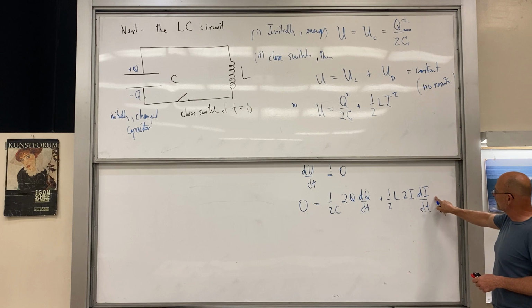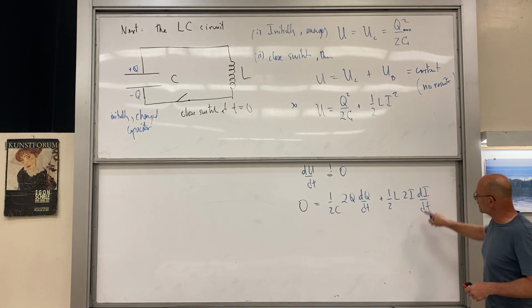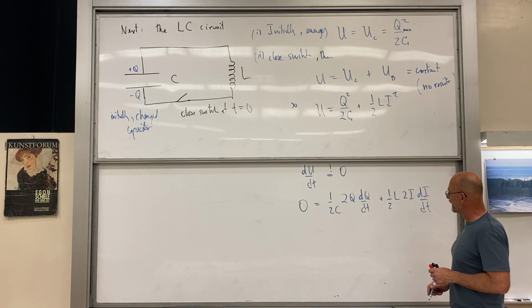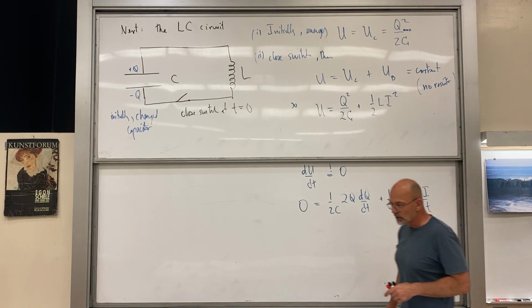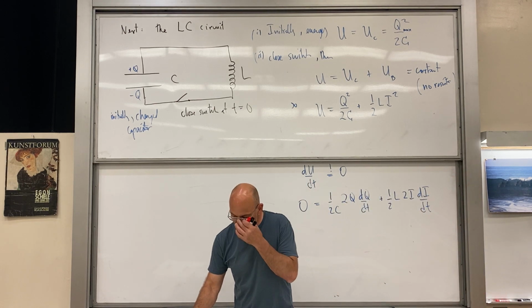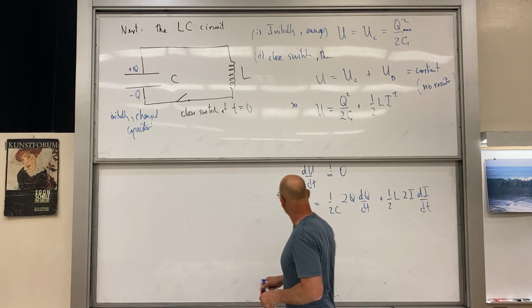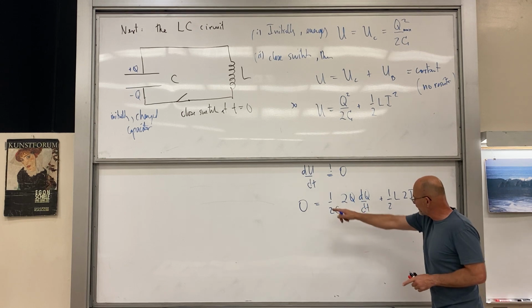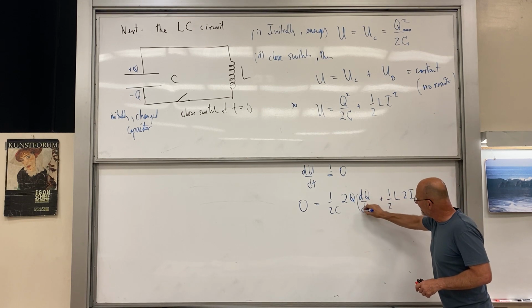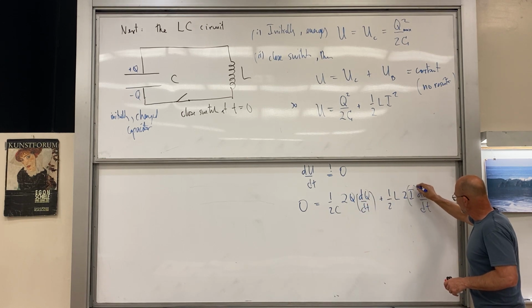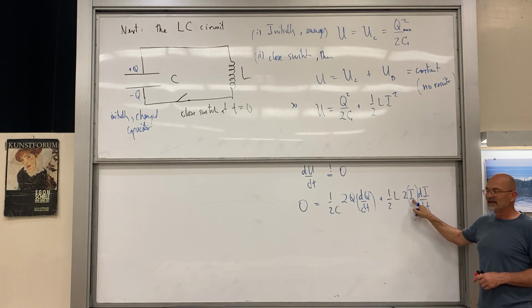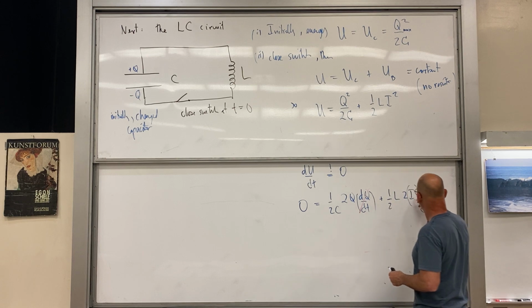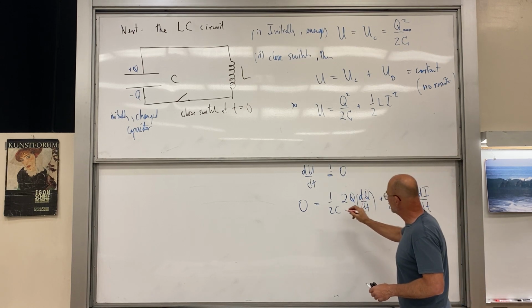And we're going to be able to turn this into a differential equation of second order. So first of all, this is equal to 0. Now the dQ/dt is by definition equal to I. So I can strike these both. Also the 2's cancel.